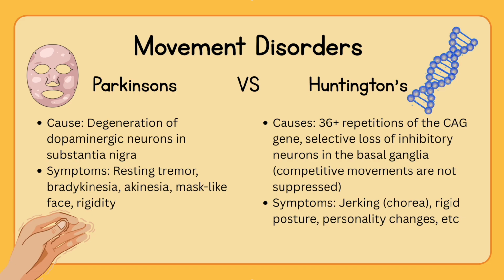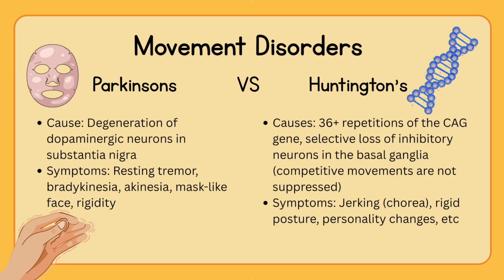So the cause of Huntington's is due to a 36 or more repetition of the CAG codon. Codons are just 3 nucleotide long sequences or parts of a gene.